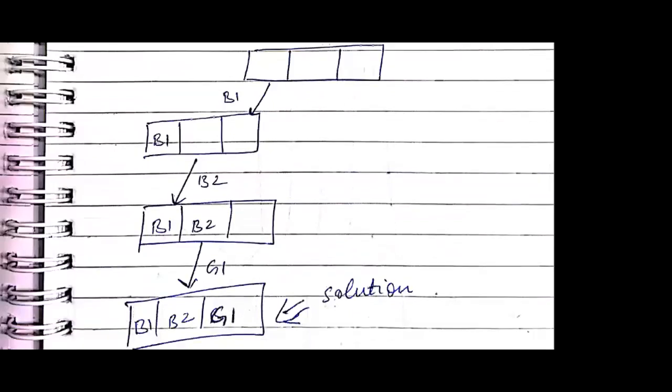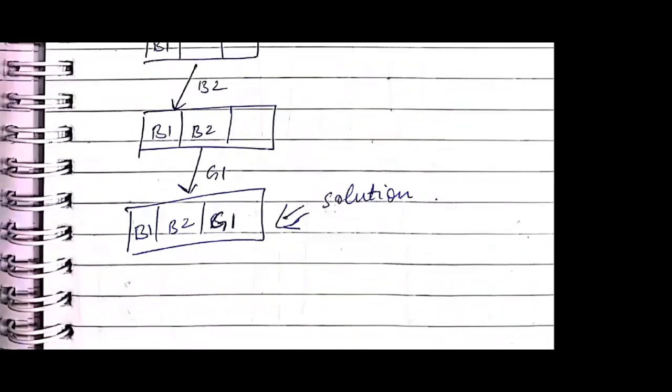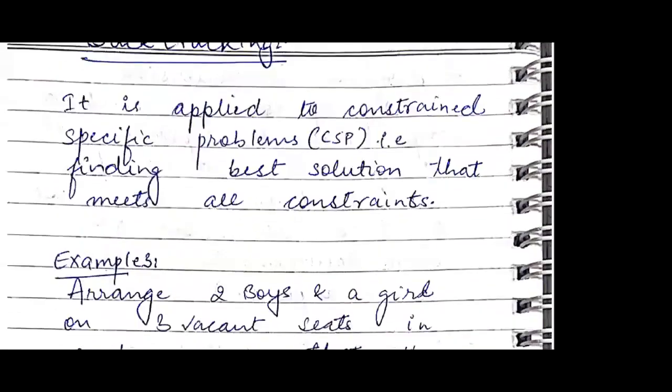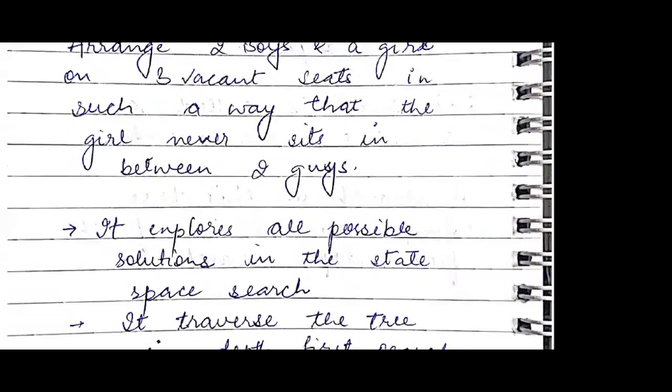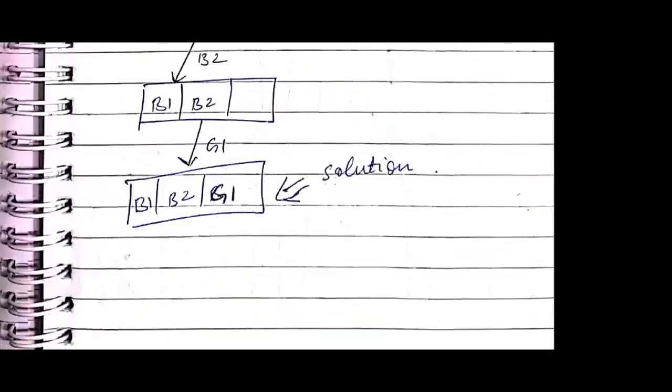If there are 3 vacant slots for 2 boys and a girl, the condition is that the girl never sits between the 2 boys. This is basically the understanding of the backtracking procedure. We divide the problem into several sub-problems and try to solve them until we reach a desired solution.